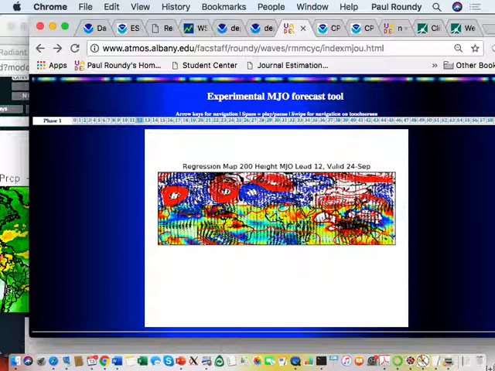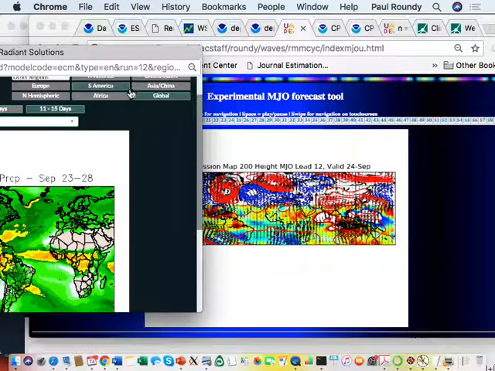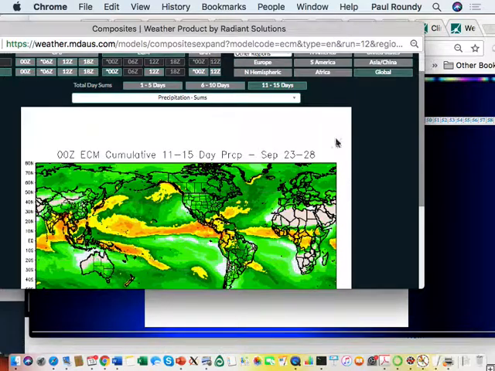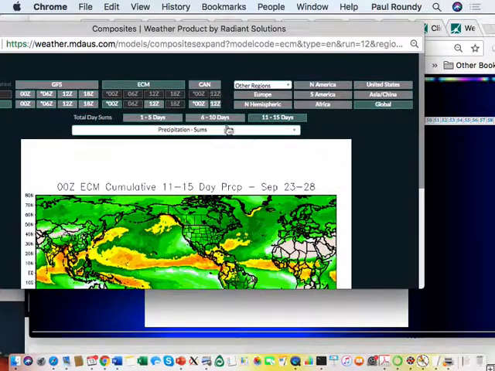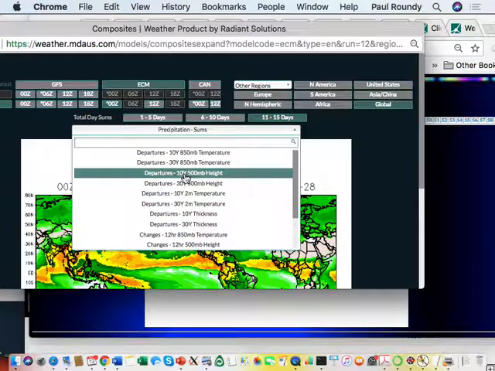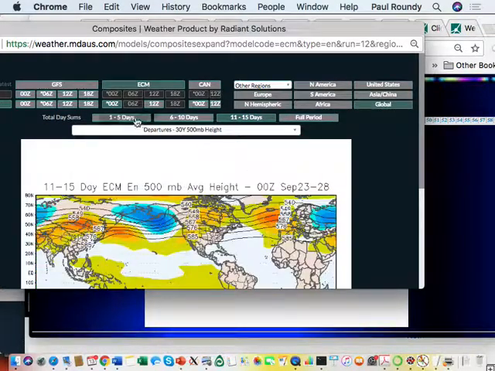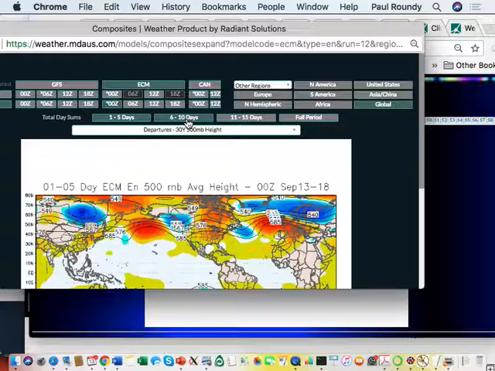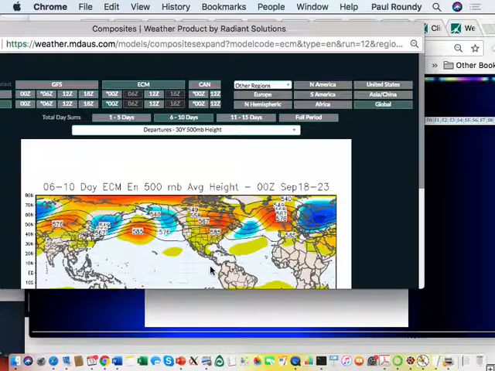There's a pattern of ridge south of Alaska, trough in western North America, and a ridge in the eastern United States. And in fact, you can compare that against the geopotential height anomaly patterns in the ECMWF. Find that there's quite a lot of variance over these next few days that's pretty well explained by that structure.